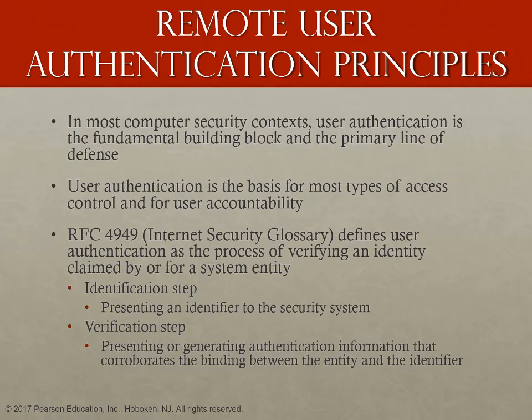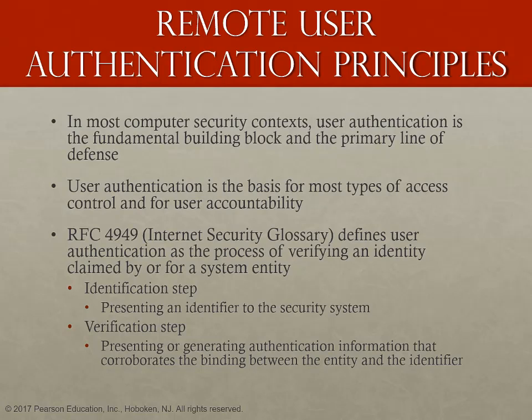RFC 4949, the Internet Security Glossary, defines user authentication as the process of verifying an identity claimed by or for a system entity. This process consists of two steps. 1. Identification step: presenting an identifier to the security system.